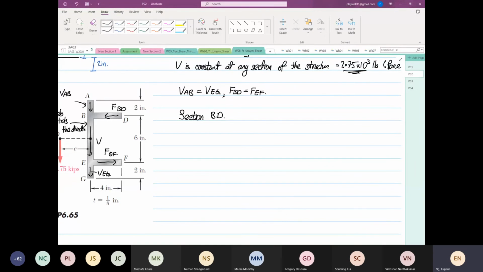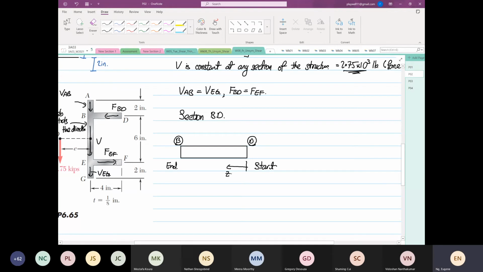Okay, so this is my section BD. On one side is my start, on the other side is my end, and this is my Z distance.